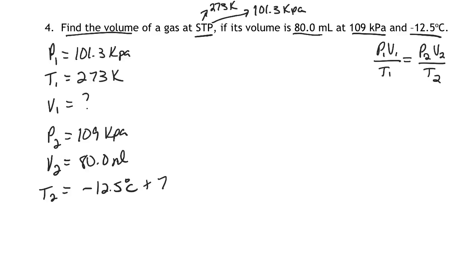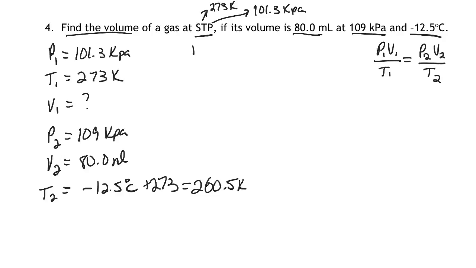So I need to add the 273. So negative 12.5 plus 273 is 260.5 Kelvin. So now I'm ready to substitute in my values and just solve the equation.